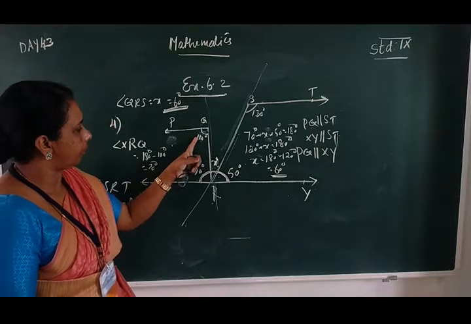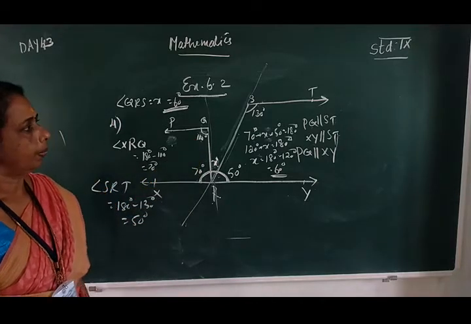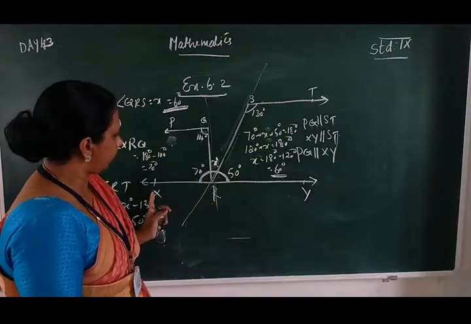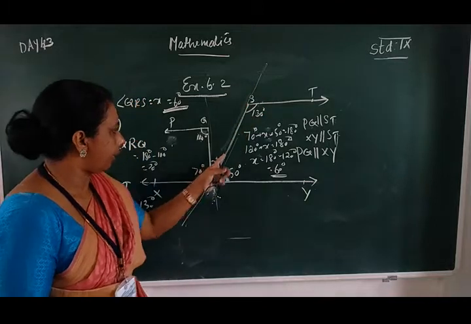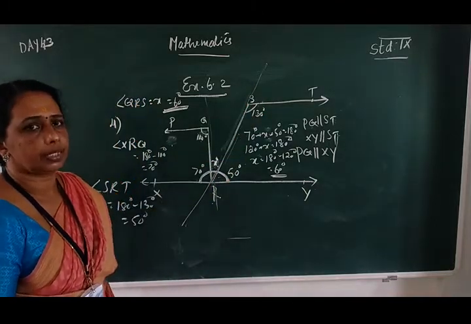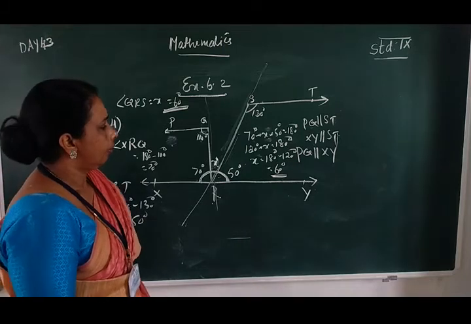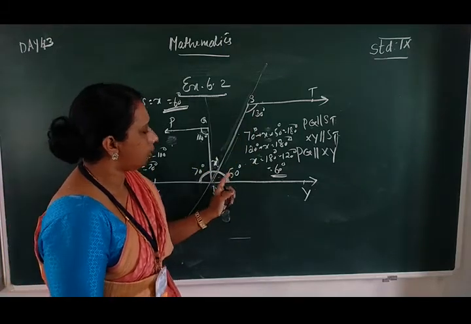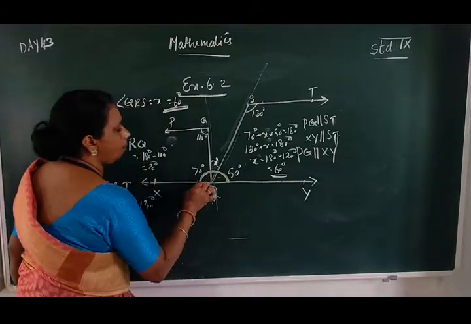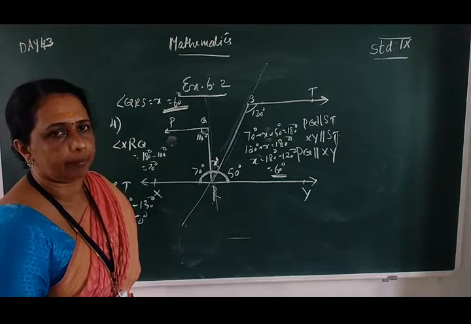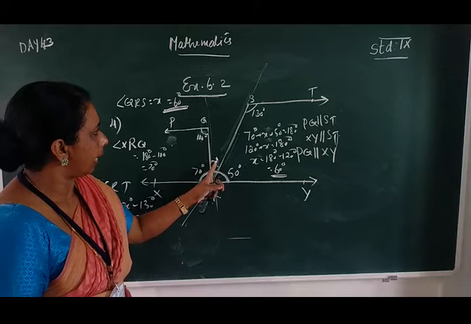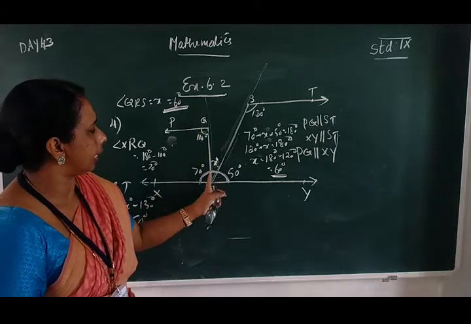So 180 minus 110 we get 70 degrees. Also by construction ST is parallel to XY, and this is a transversal. So these two are co-interior angles, sum 180 degrees, so 180 minus 130 we get 50 degrees. But here the sum of these three angles forms a straight angle, 180 degrees. So 180 minus 70 plus 50, that is 120, we get angle QRS equal to 60.